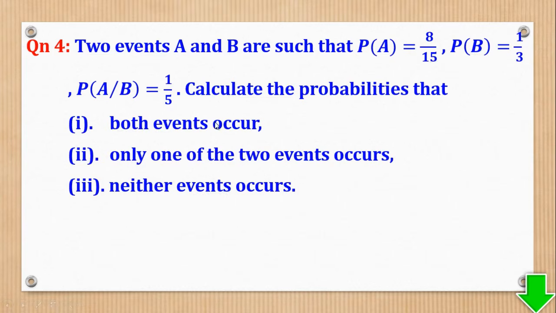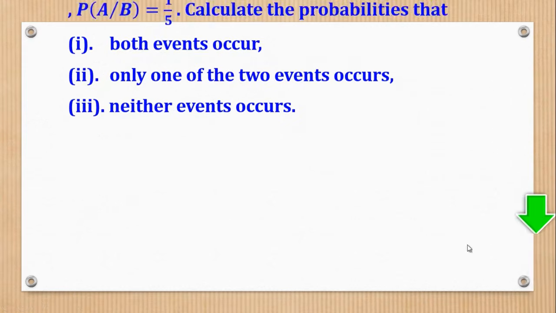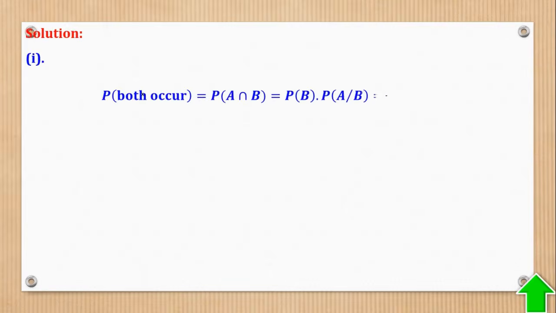So we shall start with both events occur, which is intersection. So both occur is the probability of A intersection B, which is given by probability of B multiplied by probability of A given B. So multiply by B because B is what has already occurred. So probability of B is that, probability of A given B is this, which gives you 1/15.